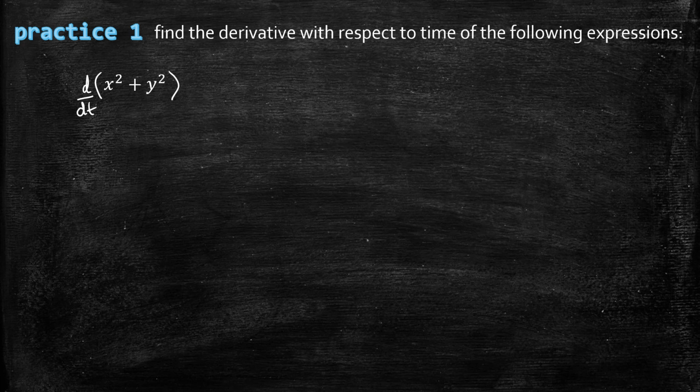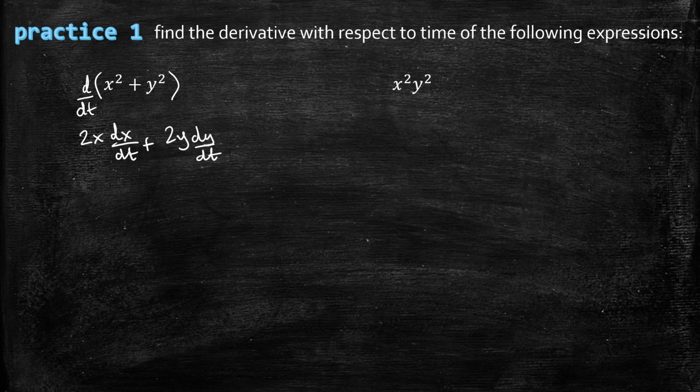So x could be the side of one square, and x squared would be its area. Y, the side of another square, y squared, its area. So we might be interested in how the total area is changing with respect to time. So to do this, we just take the derivative of x squared with respect to time, as we did in the previous slide, and y squared, and just add them together.